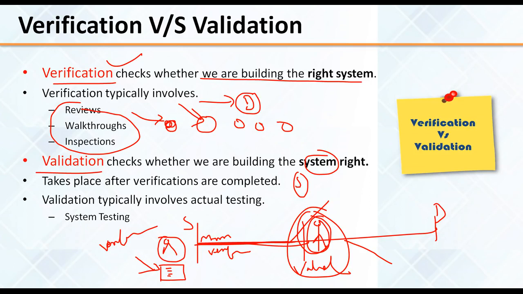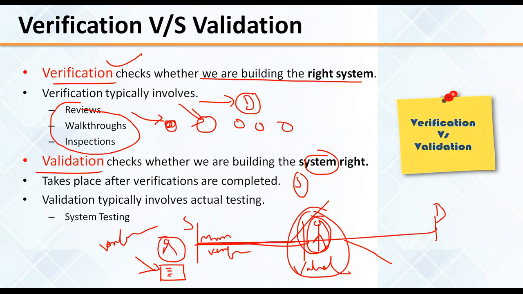Yes. So simply remember this, verification is nothing but are we going in the right path or not. Validation means whatever software we develop, is that working according to customer requirement or not.